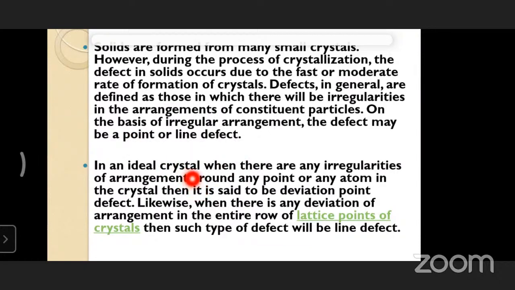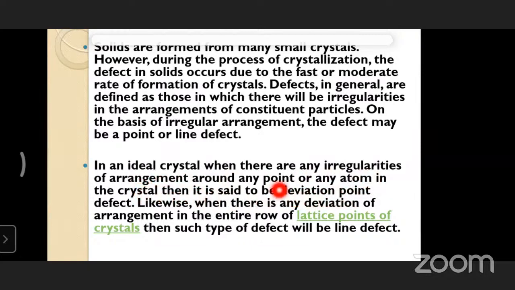Let me see. In an ideal crystal, when there are irregularities of arrangement around any point or any atom in the crystal, that is a point defect.